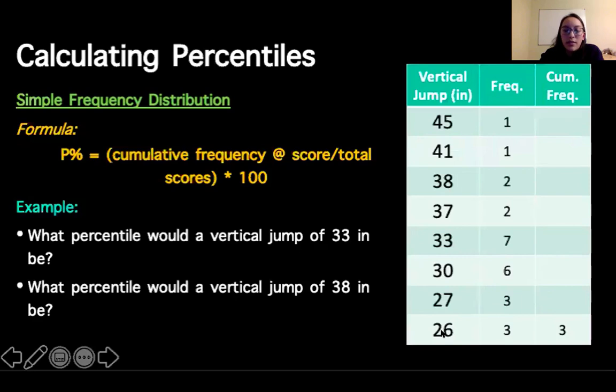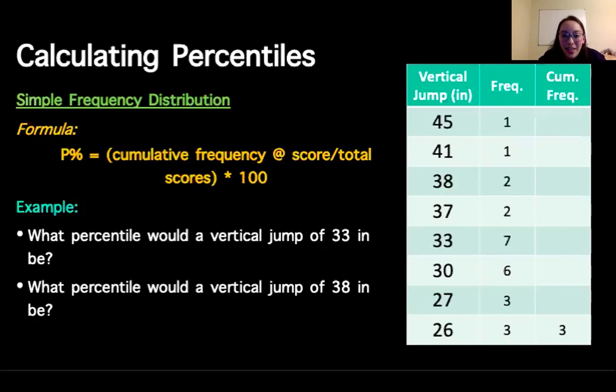So you just have to determine that for a vertical jump, the highest jump is considered the best jump. What we aspire to do is jump as high as we can, and lower measurements would be considered the worst end of the distribution. So you start at the worst score in your distribution.